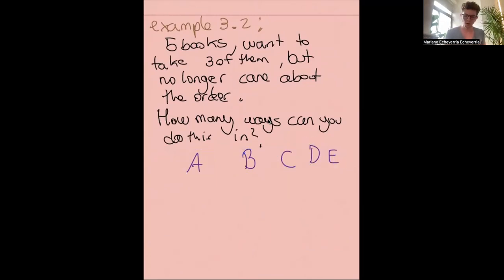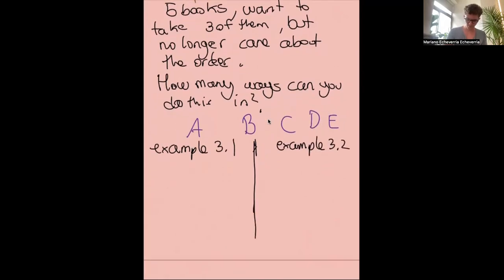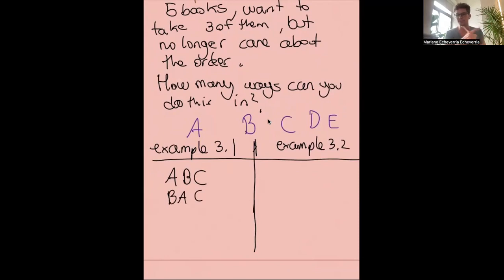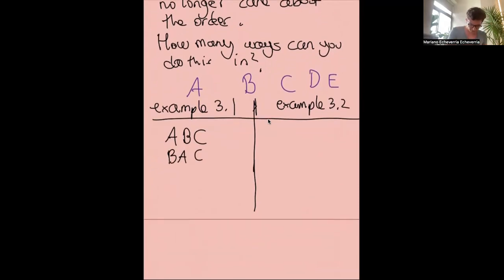Okay, so in the past, in example 3.1, this would have been a selection of books, but this would have been a different selection of books, right? Because here we do care about how they're being ordered, right? And this one would have been, I should probably do it in a slightly more organized way.